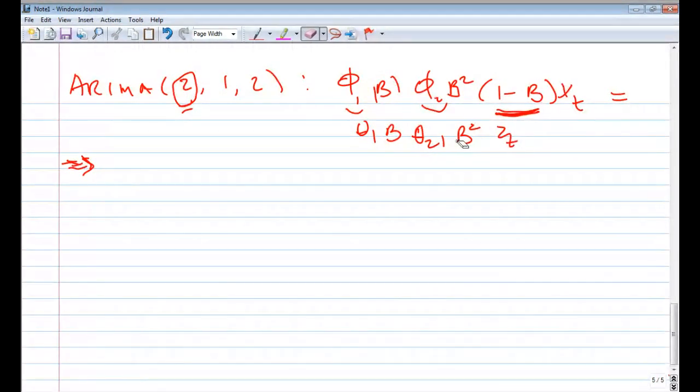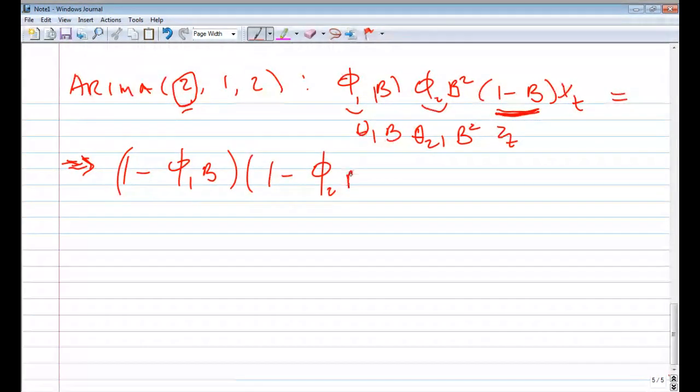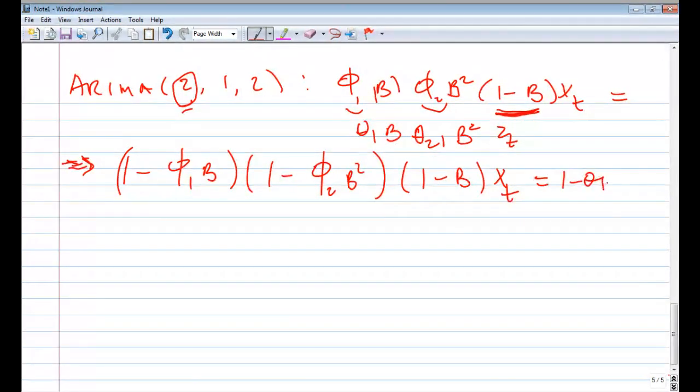So this one, step number 2. What I'm saying is phi 1b can also be written as 1 minus phi 1b, 1 minus phi 2, 1 minus b xt. Then 1 minus theta 1b, 1 minus theta 2b squared.